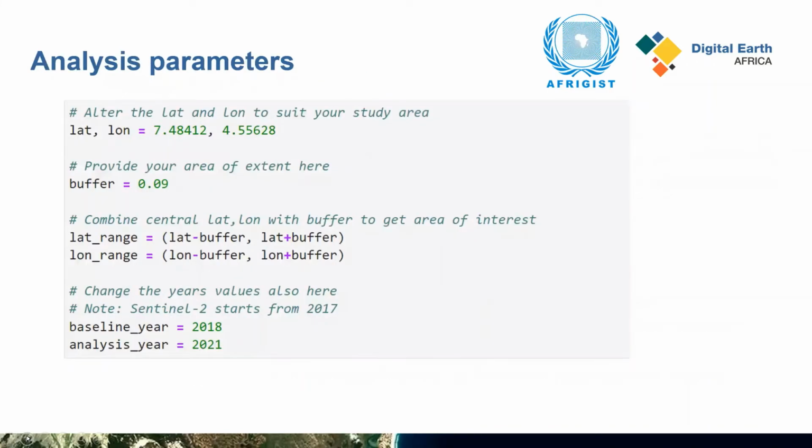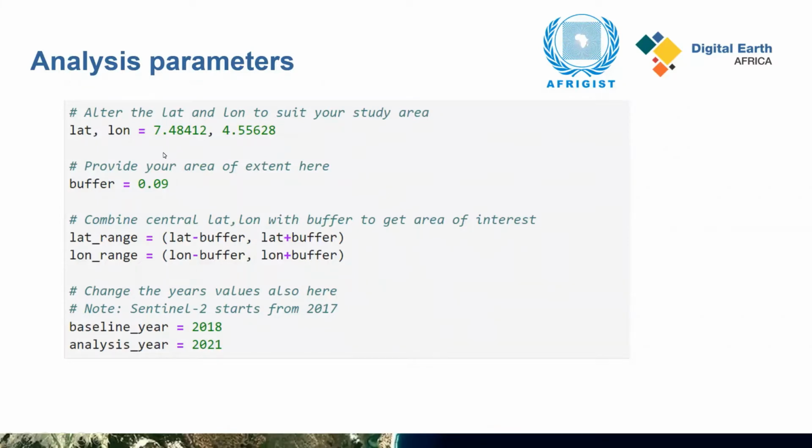So basically, we have to note that the notebooks are there, free to be used. What you need to do is to get your area of interest, whether you are in South Africa, Kenya, Uganda, Nigeria, anywhere. You just pick your area of interest through a line of code.